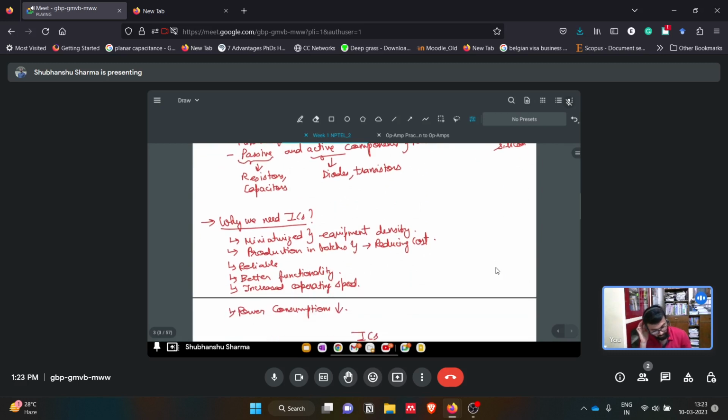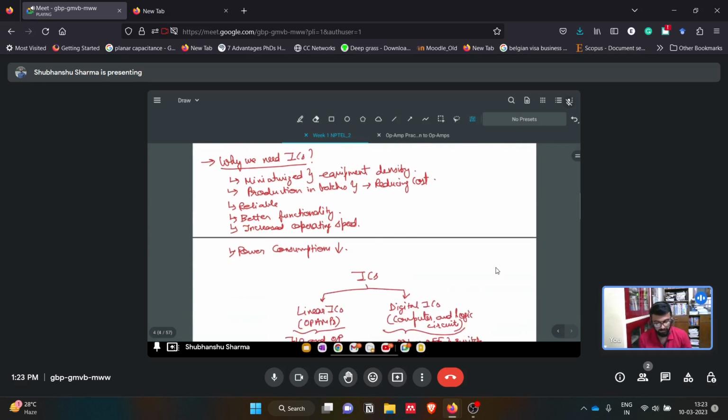Then the question arises, why do we need ICs? These are miniaturized versions, so we can have lots of transistors at one particular point, and the cost is also very low because we are producing them in mass batches. They are reliable, have better functionality, and their speed is also high.